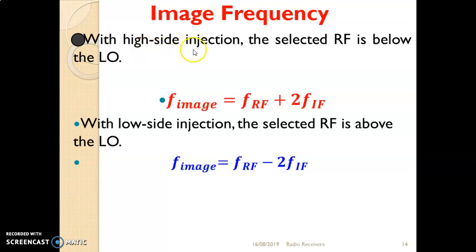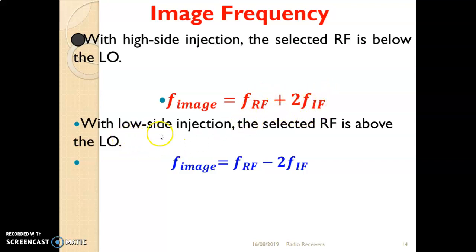What do you mean by high side injection? When your incoming frequency is below the local oscillator frequency, then the image frequency can be calculated as f_RF plus 2f_IF. RF is your incoming frequency, IF is the intermediate frequency.